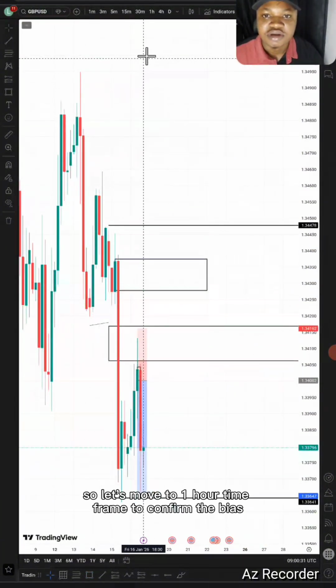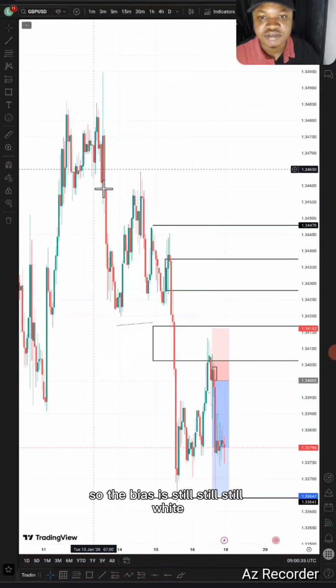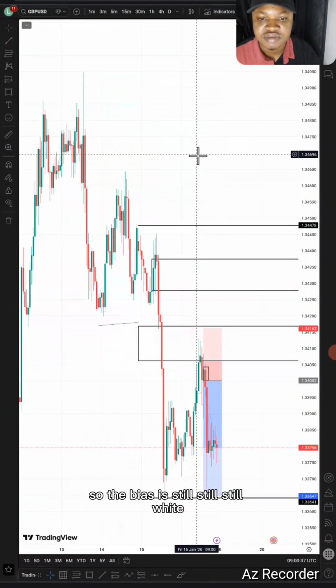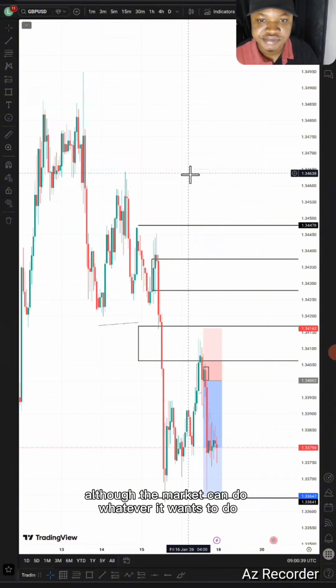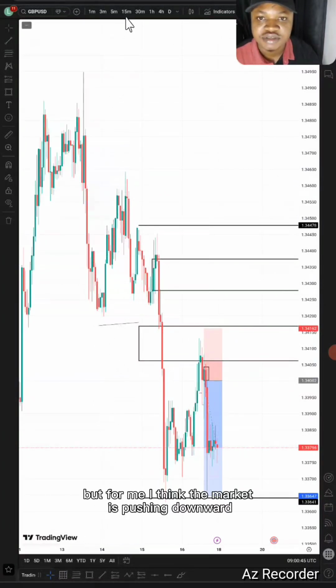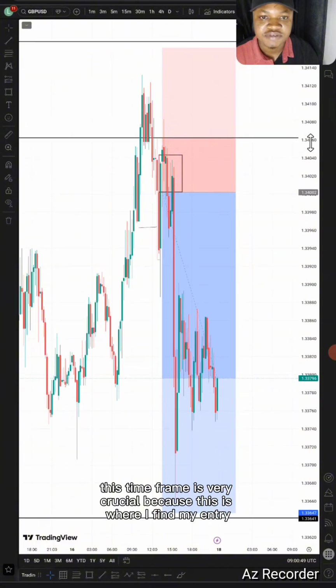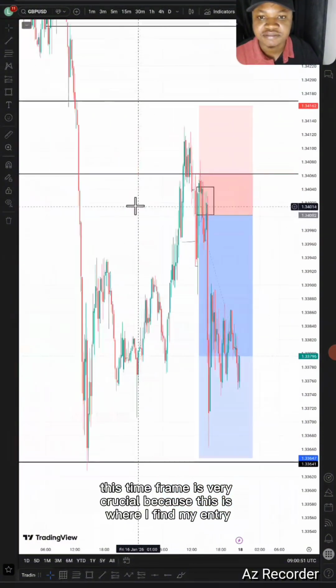So let's move to the 1-hour time frame to confirm the bias. The bias is still right, although the market can do whatever it wants to do, but for me, I think the market is pushing downward. Then I move to the 15-minute time frame. This time frame is very crucial because this is where I find my entry.